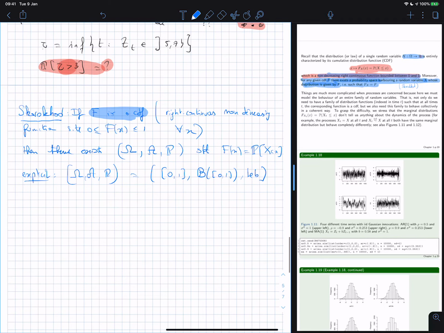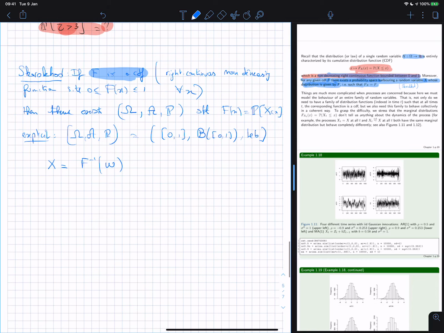and you say that X is just F minus 1 of omega, then X will be distributed according to F. So for some reason I'm writing all this in blue.